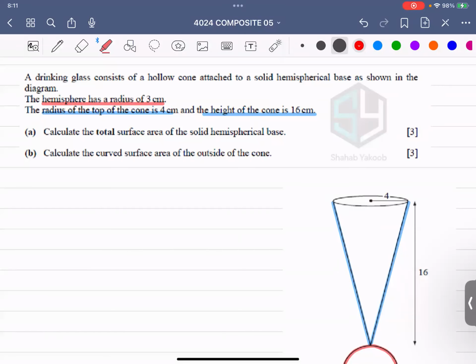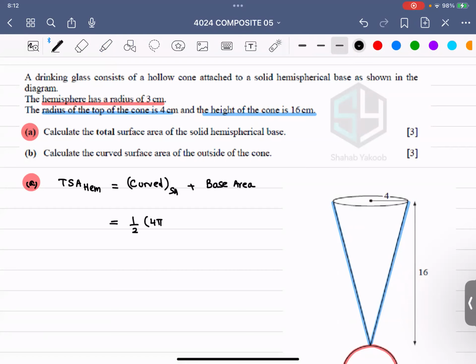Now, first of all, part A, that is about the hemisphere. So the total surface area of a hemisphere is the curved surface area of a hemisphere plus the base area of a hemisphere. Curved surface area is half of 4 pi r square, and this is pi r square.